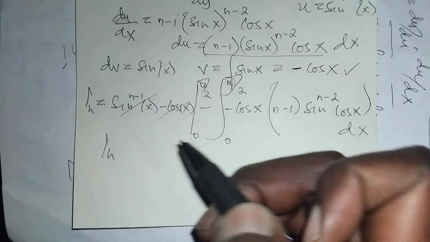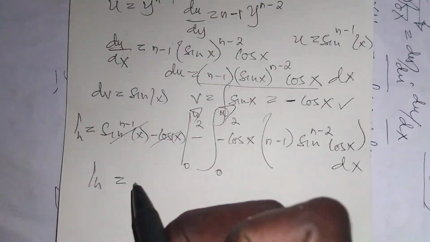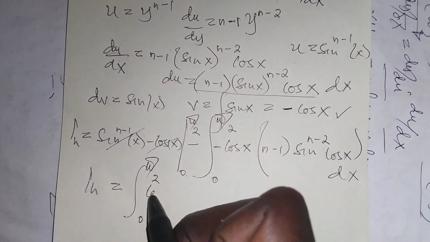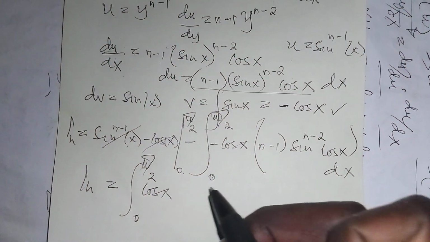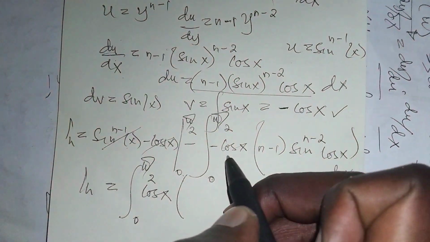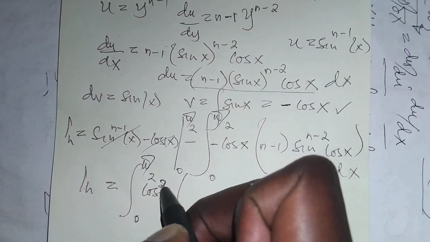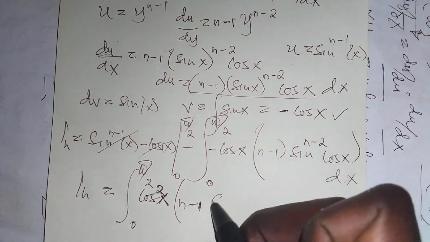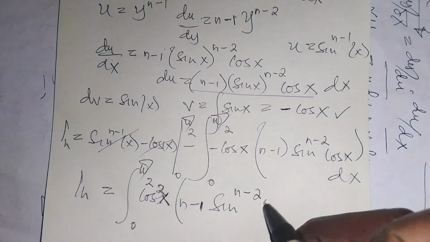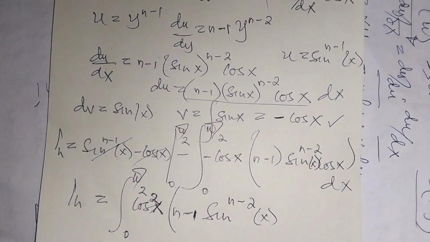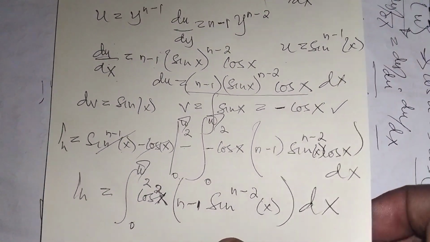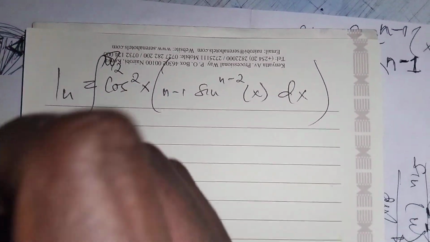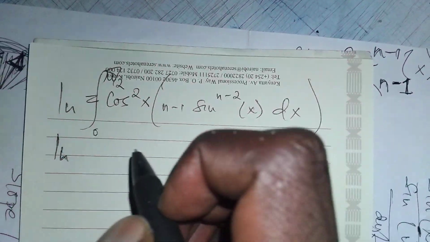So now you have In equals negative, 0 to pi over 2 becomes positive, cos x and cos x become cos squared x, then you remain with n minus 1 sine n minus 2 x dx.